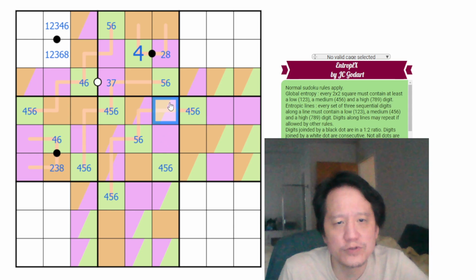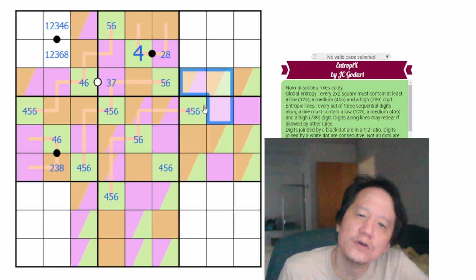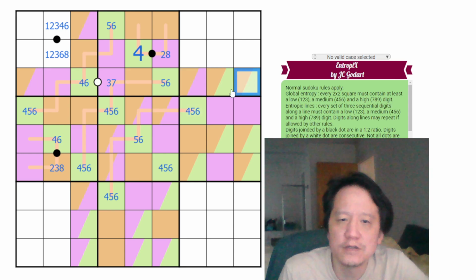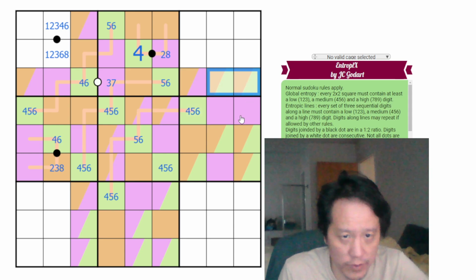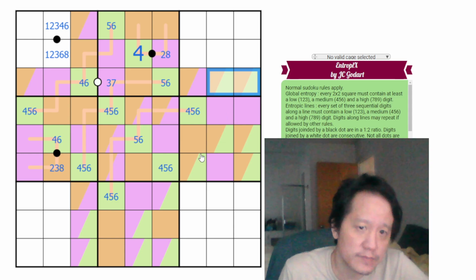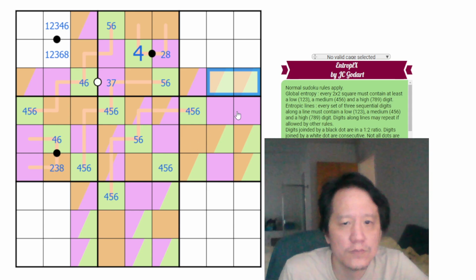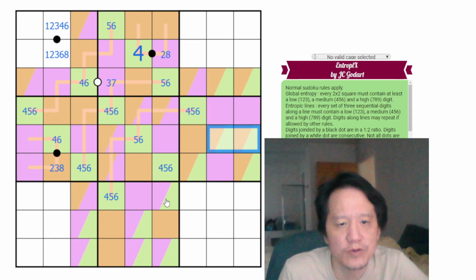This has a purple, so this has all three colors. These have to be opposite colors. We don't know about that yet. This has to be green and orange. Same here. This has to be green and orange. This is green and purple.